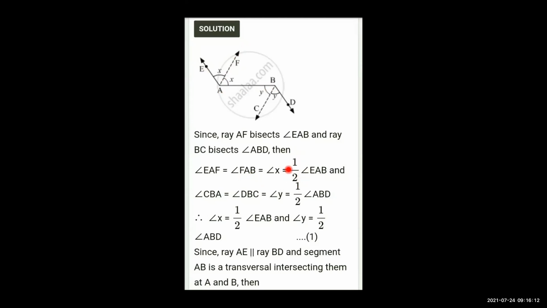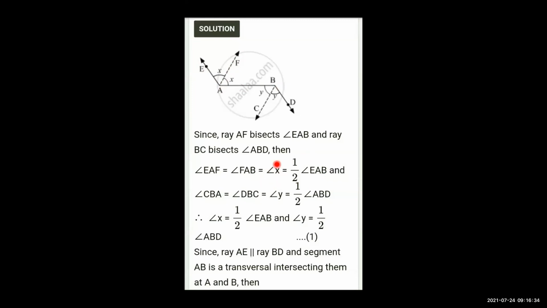Okay, and what is the original angle? EAB. Each small angle is half of it, and it measures x degrees, so that is angle x.